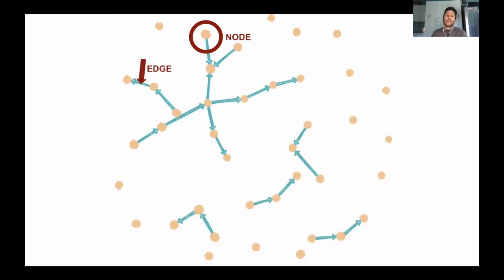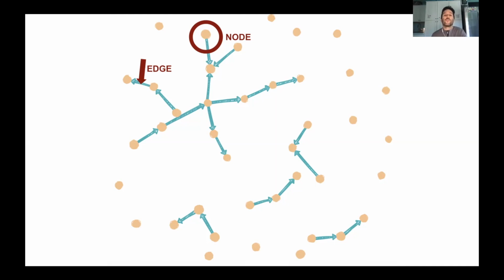And sometimes those edges are in a particular direction. Well, remember when we were looking at that food web, that the rabbit was connected to the hawk with an arrow because the hawk eats the rabbit. That doesn't necessarily mean that the rabbit eats the hawk. And so you can see this in your everyday life. If you're on Facebook and you're friends with someone on Facebook, then you're both friends.